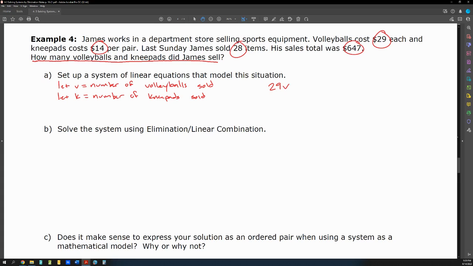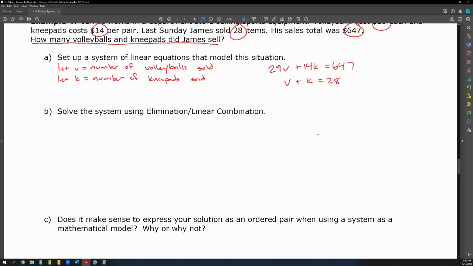For knee pads, we know that they made 14 per pair of knee pads. And then in total, if we add up all of their sales, that's going to be total 647. We also know the number of items they sold, so the number of volleyballs sold plus the number of knee pads sold is equal to 28. So we can set up these two equations. 29v plus 14k equals 647, and v plus k equals 28.